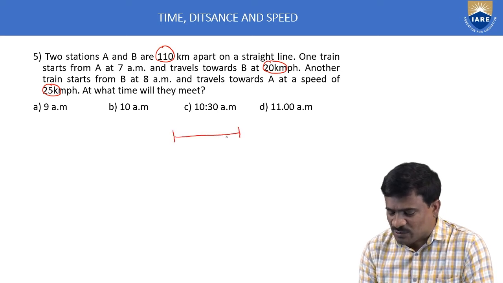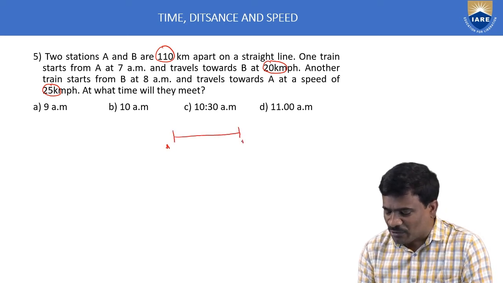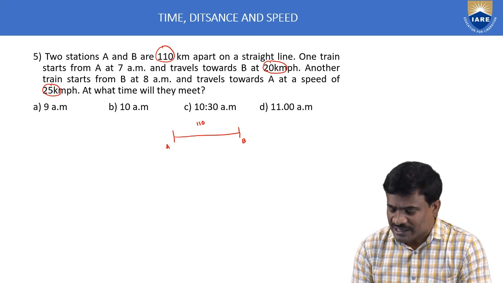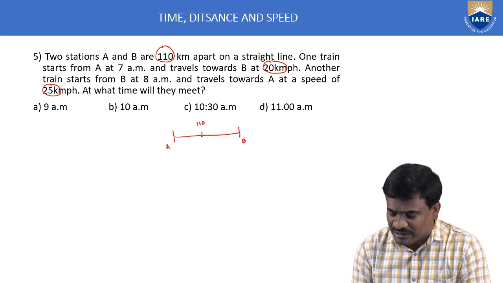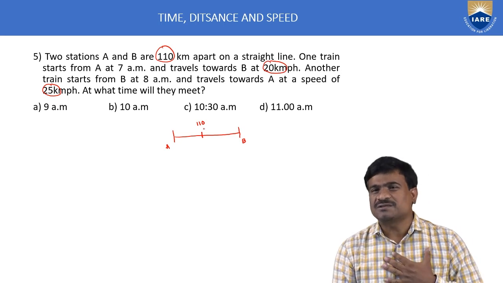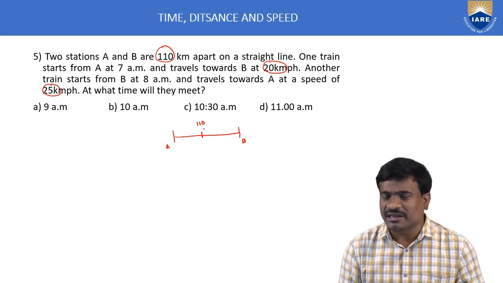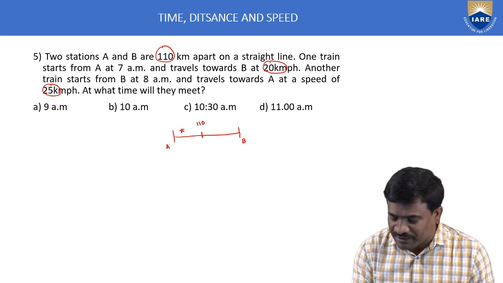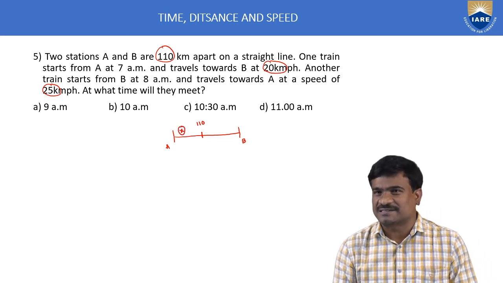This point is A, the next point is B. The distance between A and B is 110 kilometers. Suppose, as in the previous example, we consider the meeting time of the two trains. A time up to the meeting point is equal to x hours.